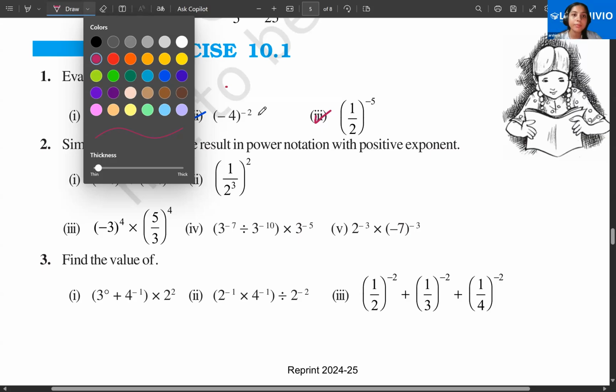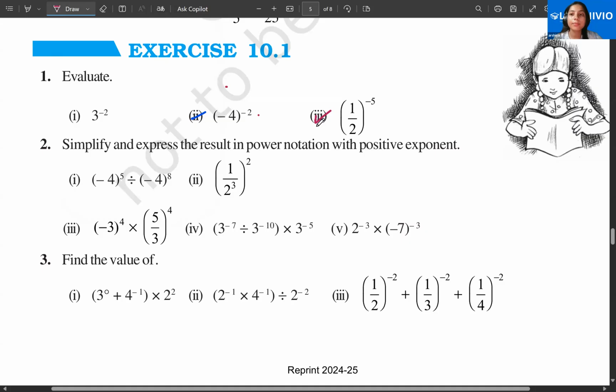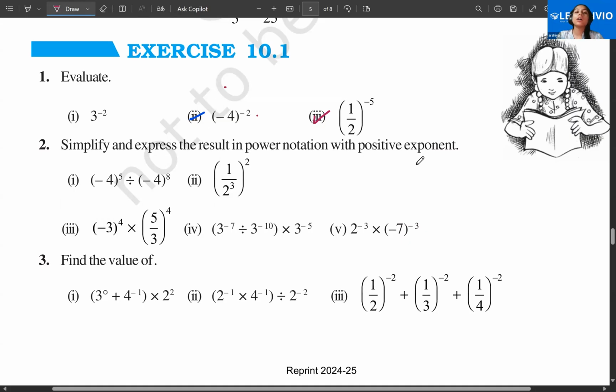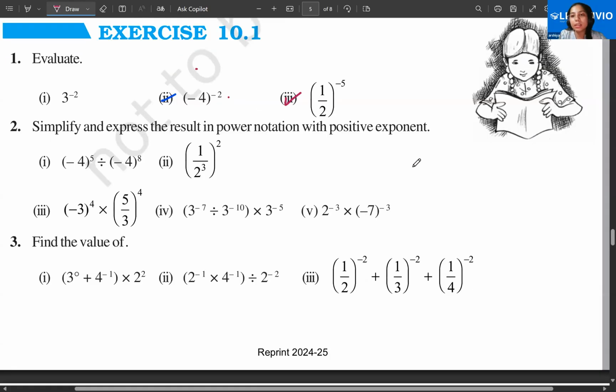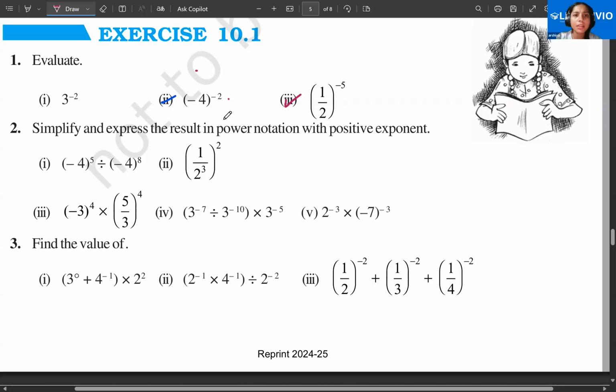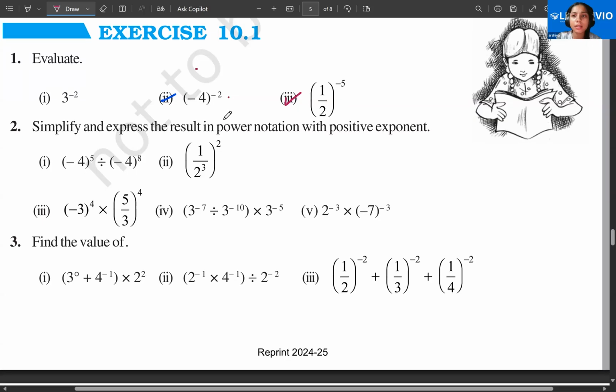Can you give a hint about how to solve it? Sorry, I was on mute. I was just saying that I can't understand this one. Okay. So this is what I'm saying.